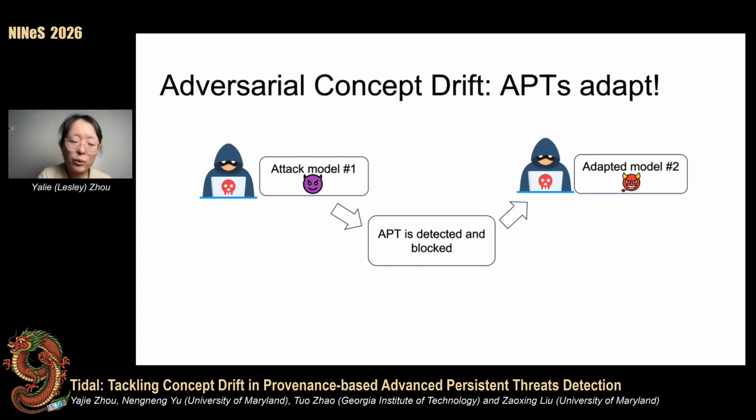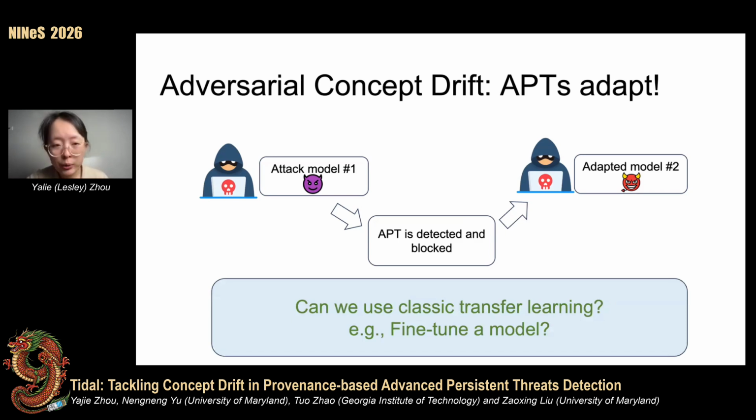For example, an attacker designs attack model 1, and after it is deployed in your system, over time it may be detected and blocked by security analysts. But after the hacker finds out, they will go back and adapt it into attack model 2 and redeploy it to your system. Then your system becomes vulnerable again if you cannot adapt. This is called the concept drift issue.